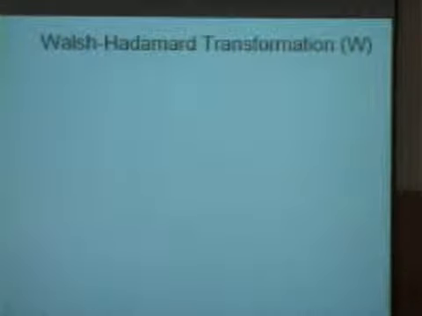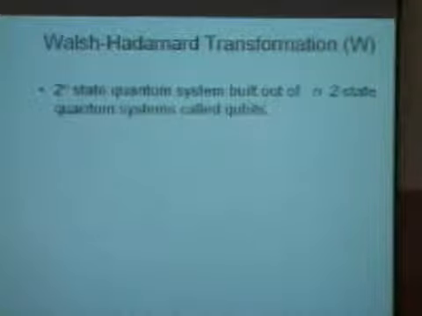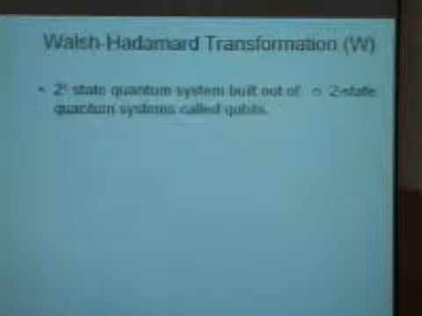So a basic gate is this Hadamard transformation. What does this gate do? First of all, just like binary digital systems, 2 to the n state systems can be built out of n 2-state systems, just like classical binary systems.